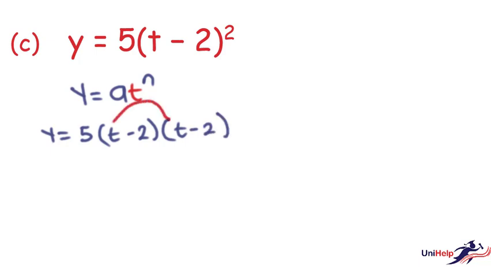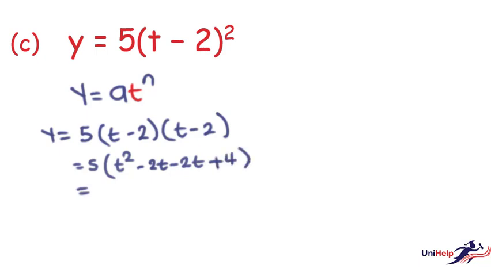T times t, t squared. T times negative 2, negative 2t. Negative 2 times t, negative 2t. Negative 2 times negative 2, positive 4.